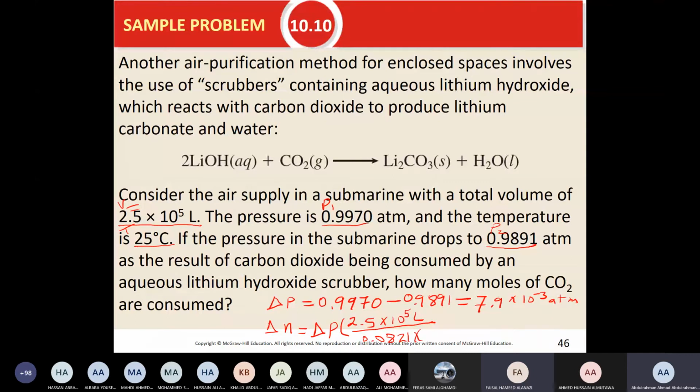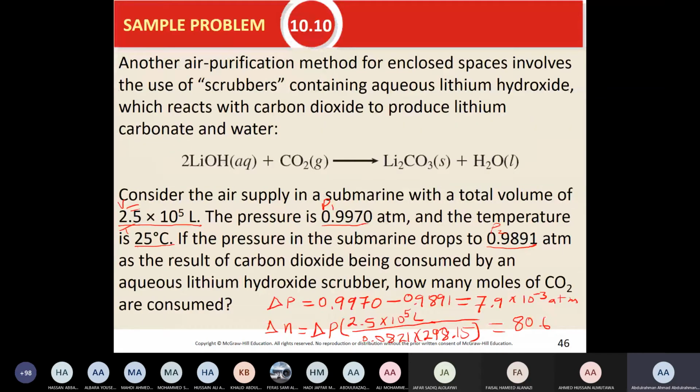Change it to Kelvin: 25 plus 273 is 298.15. And you have the answer. What's delta n? 80.68, about 80.6.